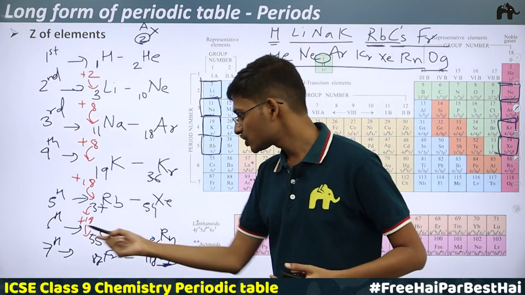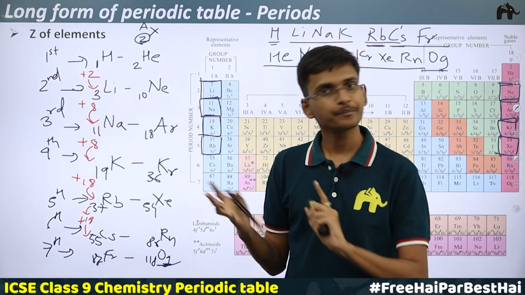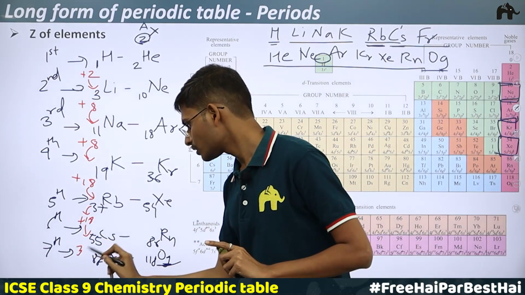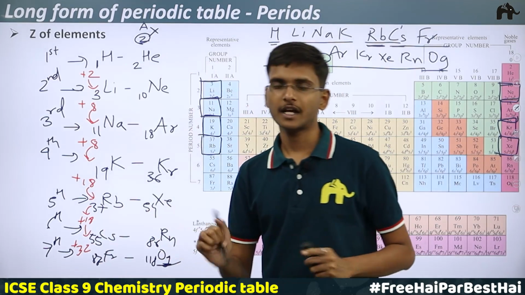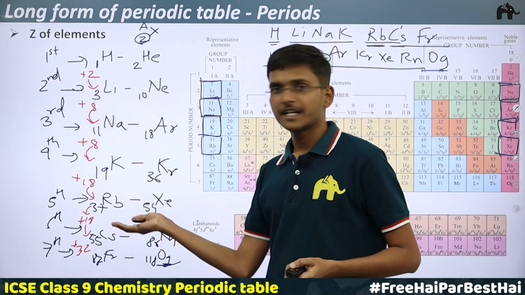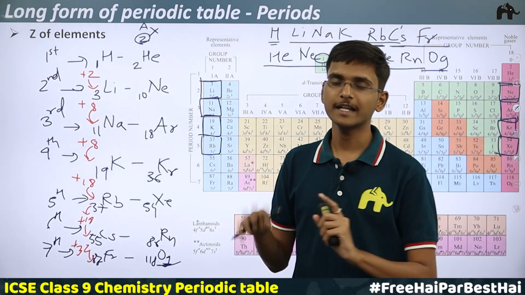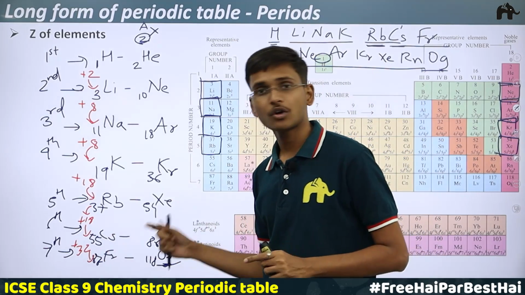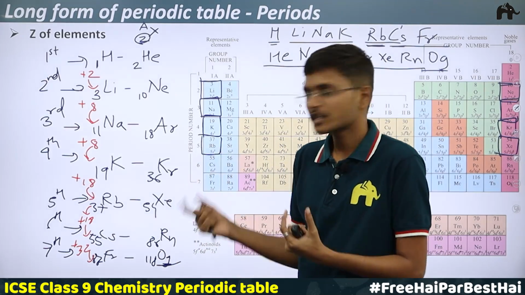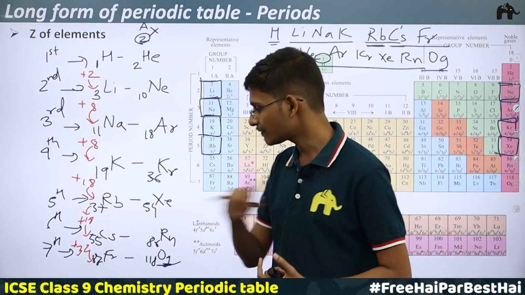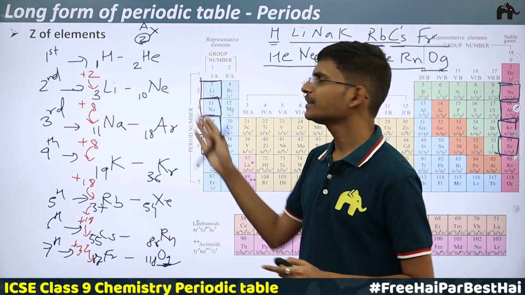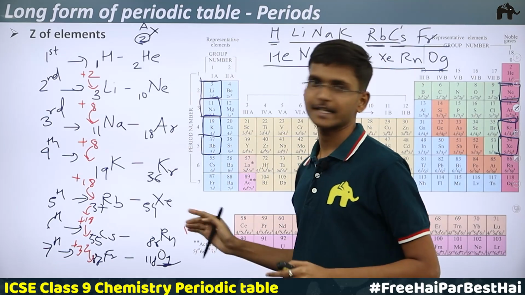And then I know the sixth period has 32 elements, right? So add 32 to 55 and you get 87. That is the atomic number of the first element of the next period. Clear?